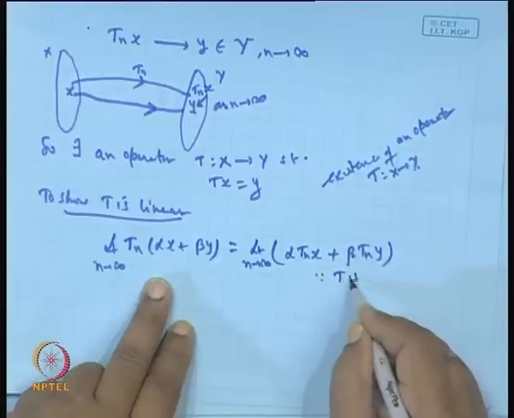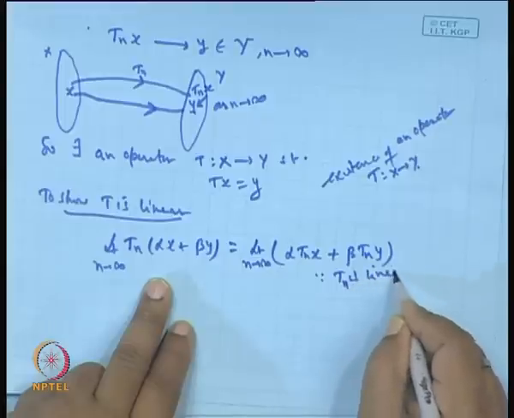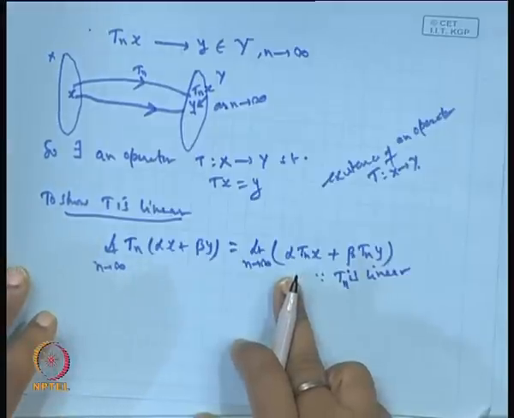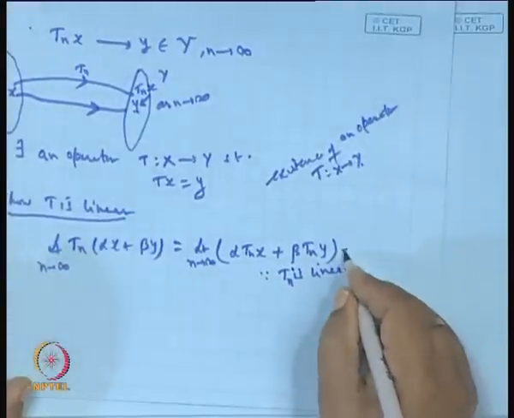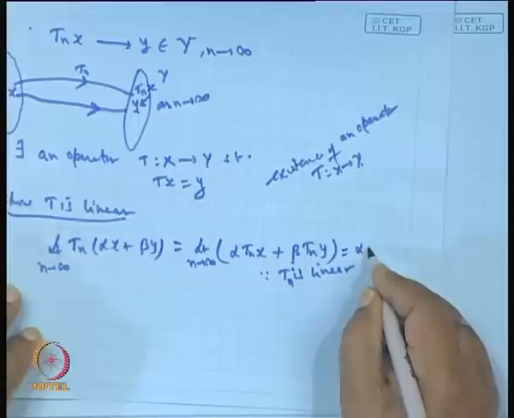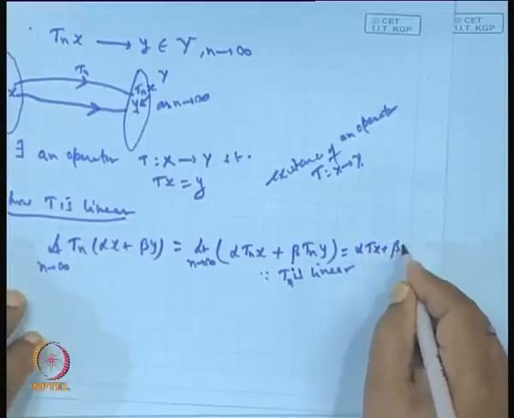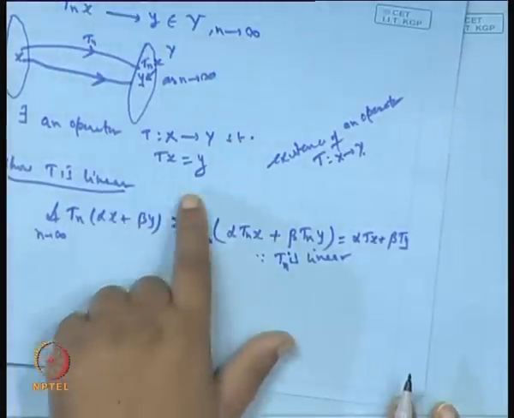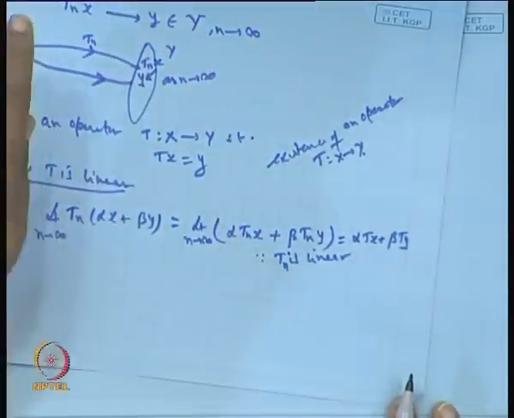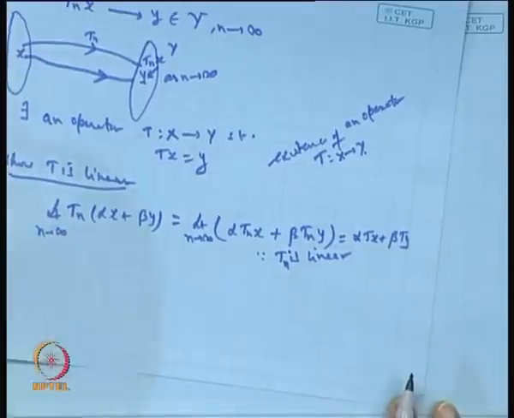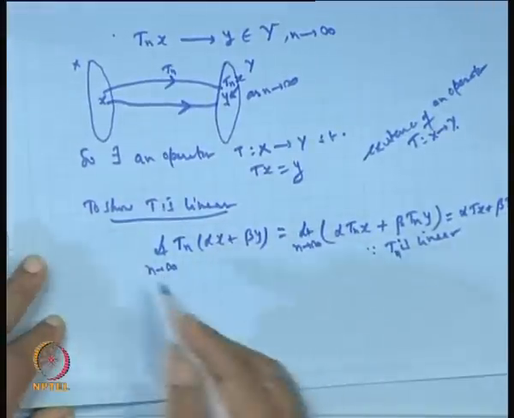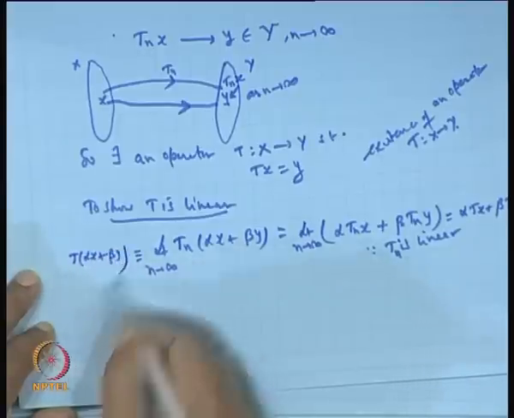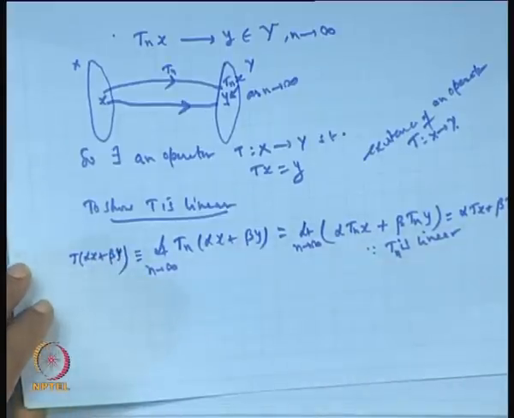Then when you take the limit, finally you get alpha Tx plus beta Ty, because we are identifying the limit of T n as T. So, this can also be written as T of (alpha x plus beta y). Is it okay or not?